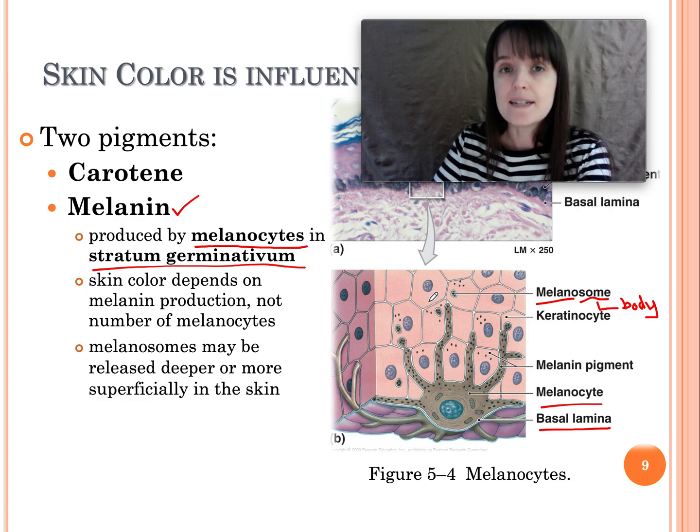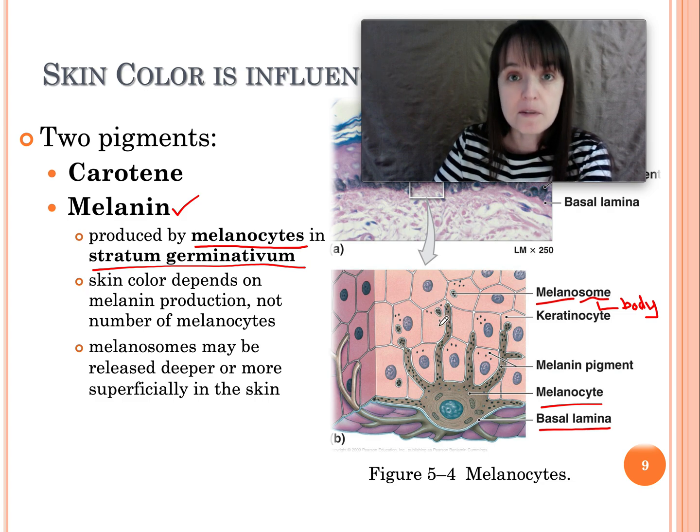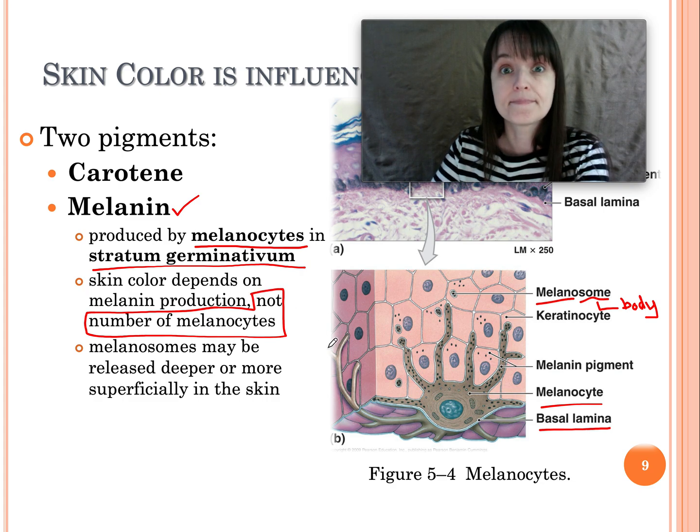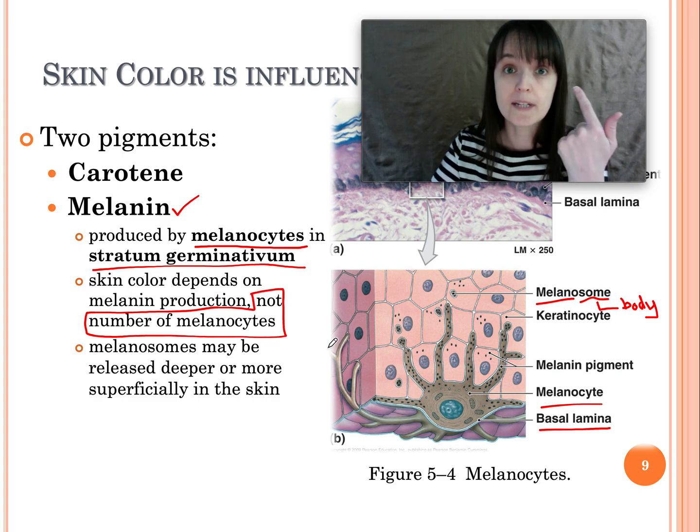So the depth of the release of the melanosomes makes a difference in the skin color that is visible from the surface. But it is not, I say, not the number of melanocytes. Third time, so you know I'm serious.